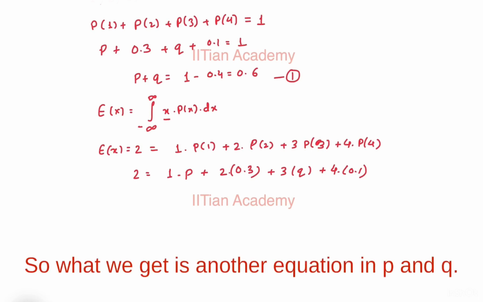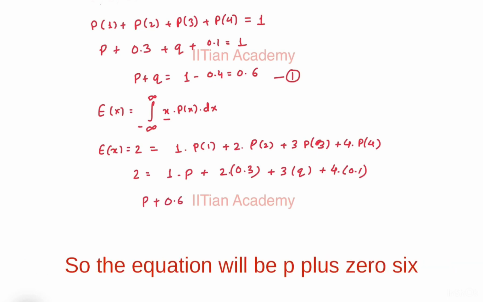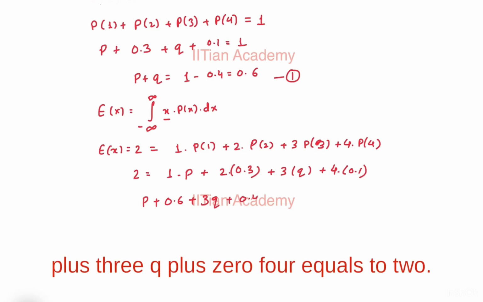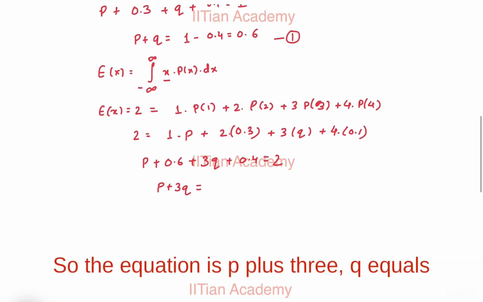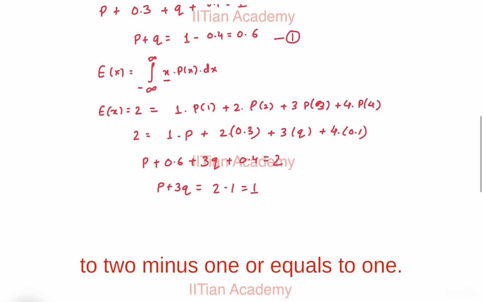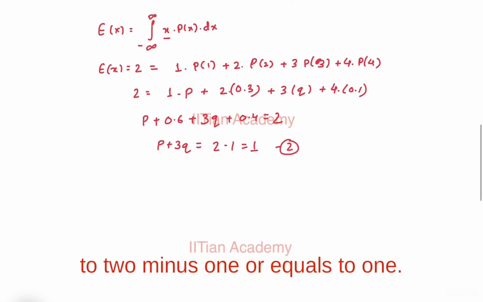So what we get is another equation in p and q. The equation will be p plus 0.6 plus 3q plus 0.4 equals 2. So the equation is p plus 3q equals 2 minus 1, or equals 1.